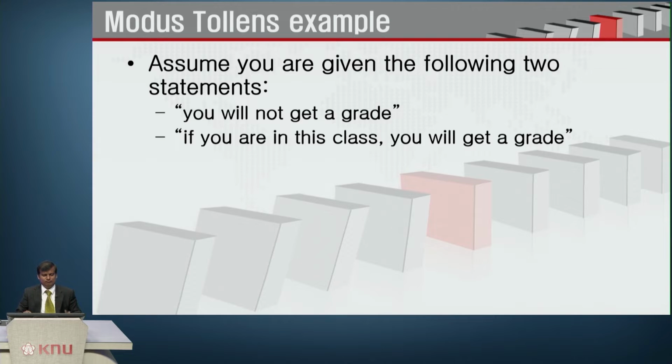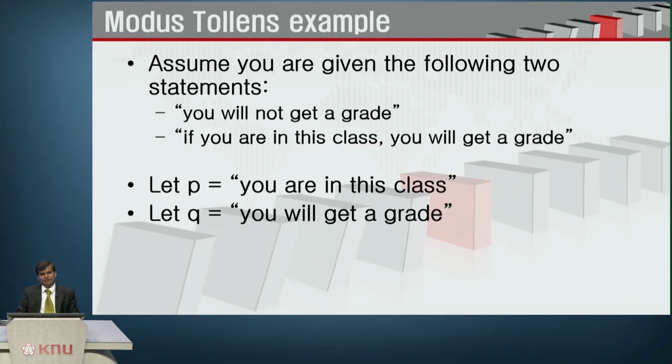So let's assume these two sentences. You will not get a grade. If you are in the class, you will get a grade. Let P be you are in the class and Q be you will get a grade. Negation of Q is given, and P implies Q. What conclusion are we to make?